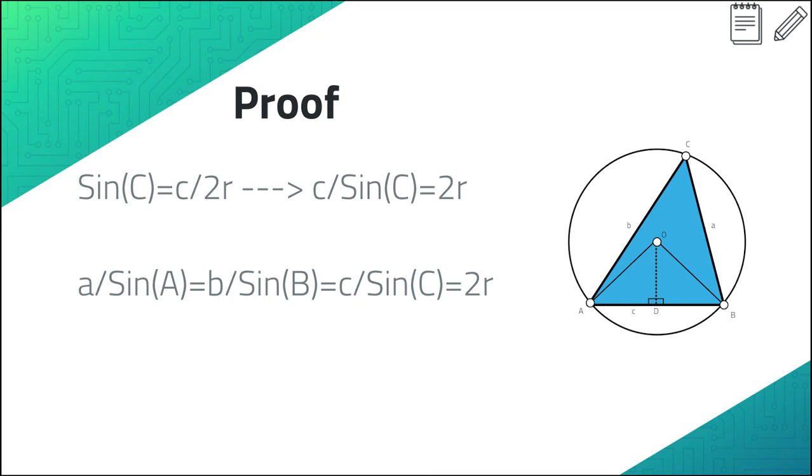You can find that by repeating this for angles B and C, we arrive at the full law. Side A over the sine of angle A equals side B over the sine of angle B equals side C over the sine of angle C, which equals 2R, where R is the circumradius.